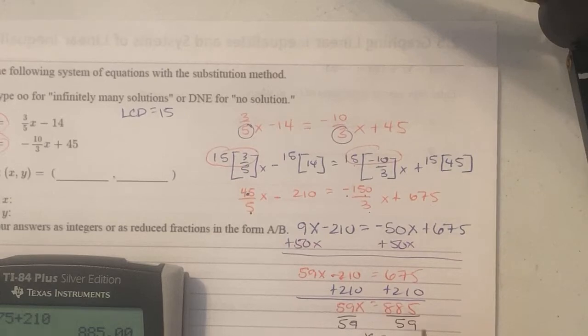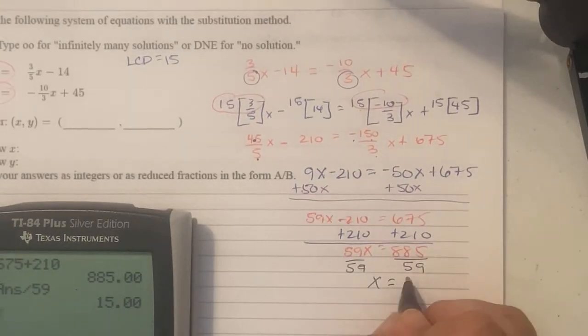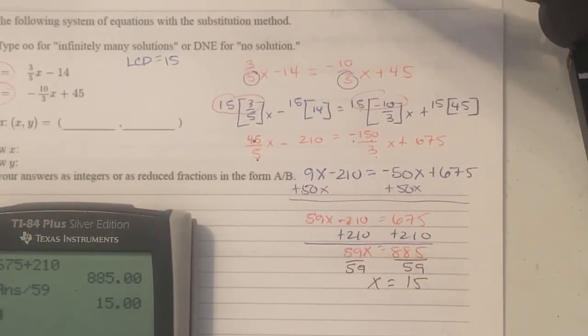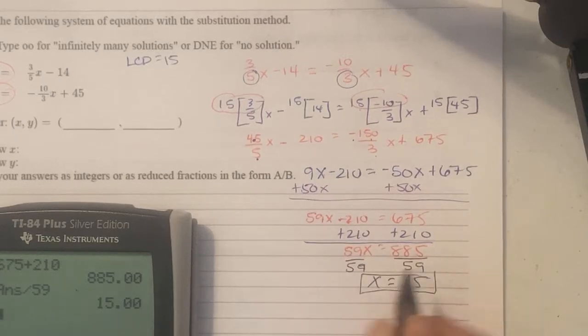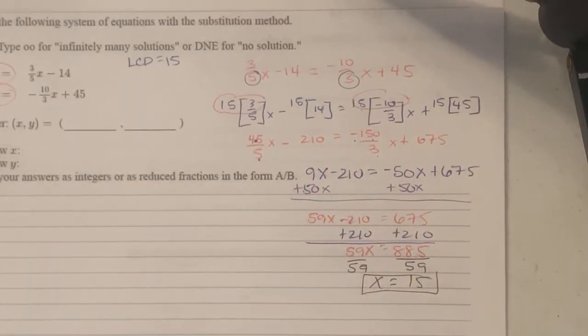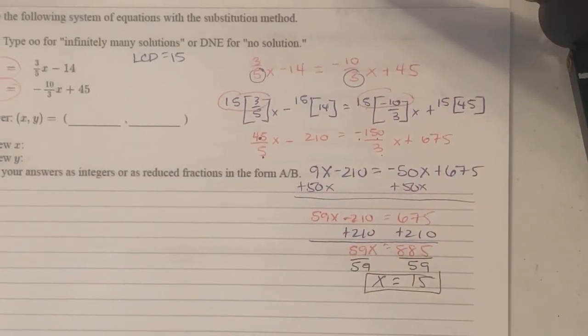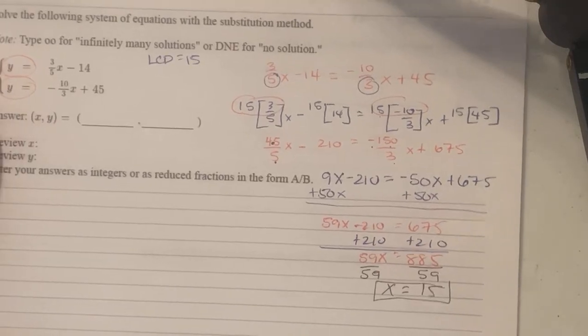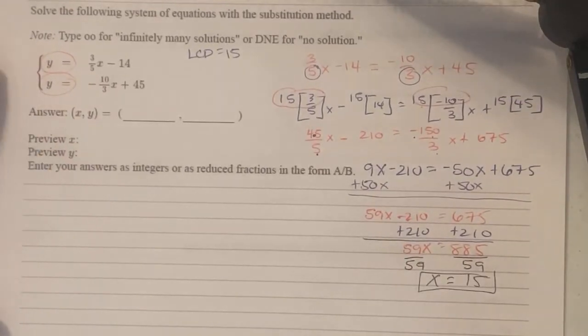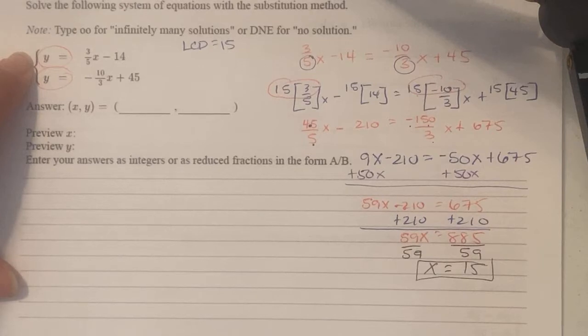So x is equal to 15. So we know what our x value is. You need to find your y value. At this point, you need to choose one equation or the other. It does not matter which one. So I'm going to go with the first one.